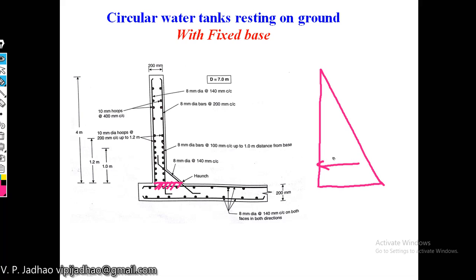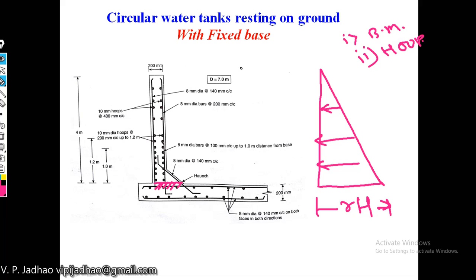The intensity here will be gamma into h. Due to this, two types of forces develop. The first one is bending moment, and the second one is hoop tension.